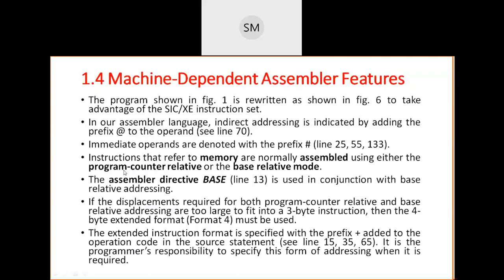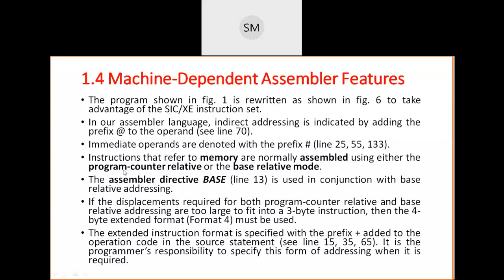Either we use a relative addressing mode, or the second solution was to extend our 15-bit address field to a 20-bit address field. Almost all instructions will be converted into machine language using one of these two addressing modes, program counter relative or base relative.